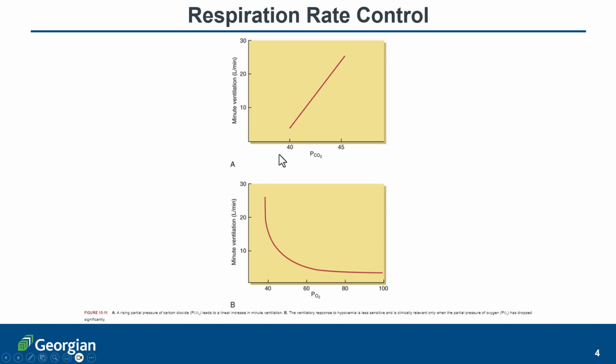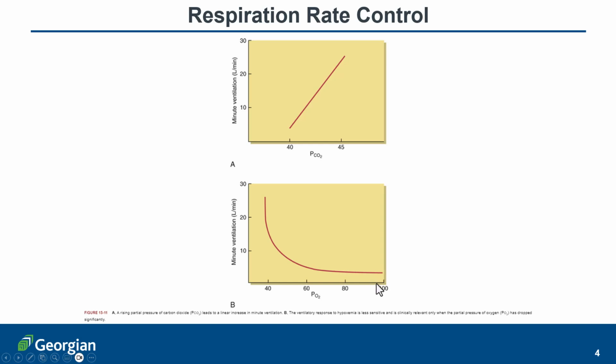Just to remind you from A&P, the respiratory rate is determined mainly by CO2. Normal arterial CO2 is approximately 40 millimeters of mercury, and breathing rate increases as PCO2 increases, quite dramatically. On the other hand, oxygen levels, in this case PO2, don't really affect the breathing rate until PO2 drops below 60.